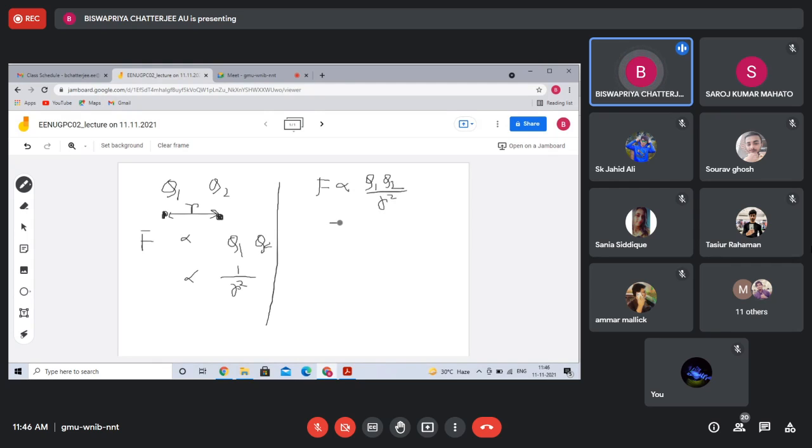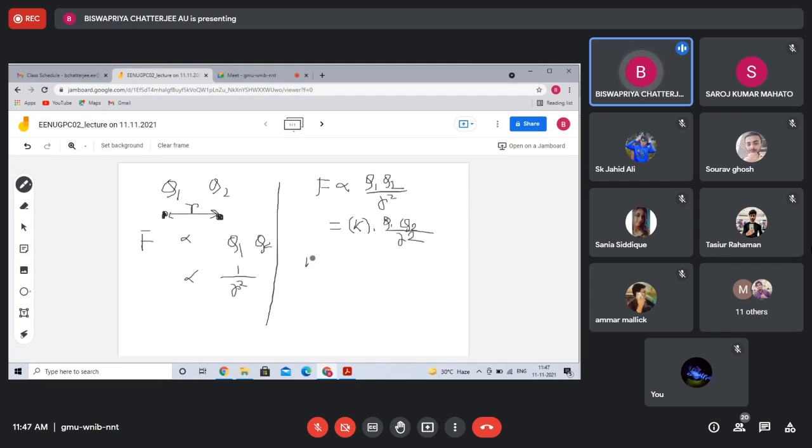and if you take an equality constant, let us say k, then it is k into q1 q2 by r square.